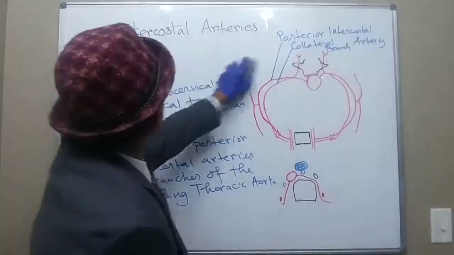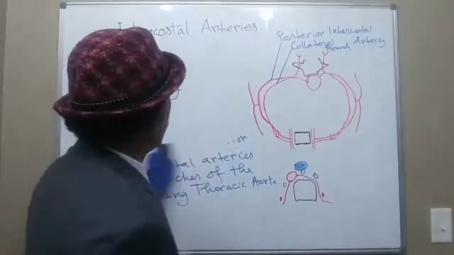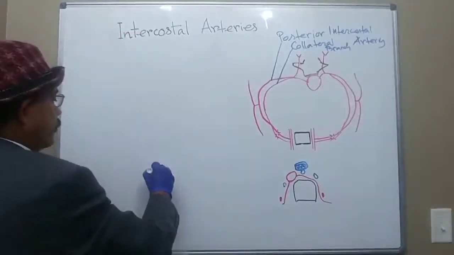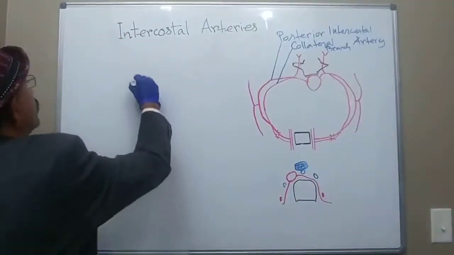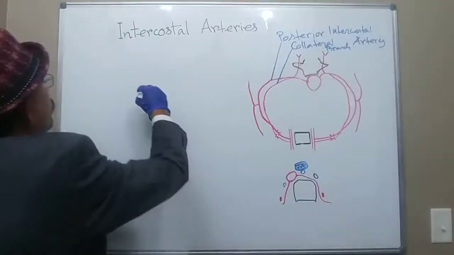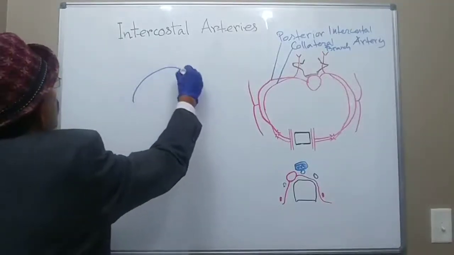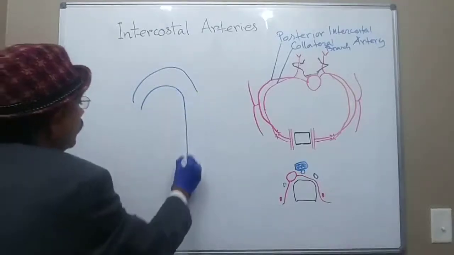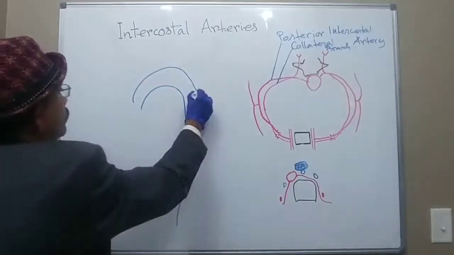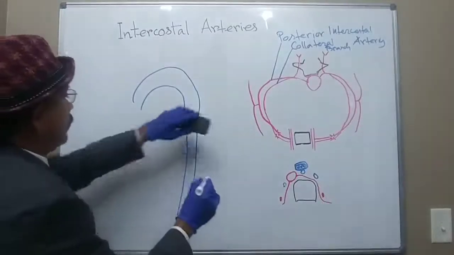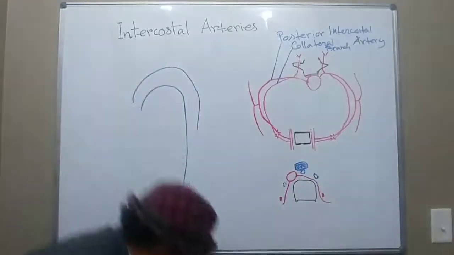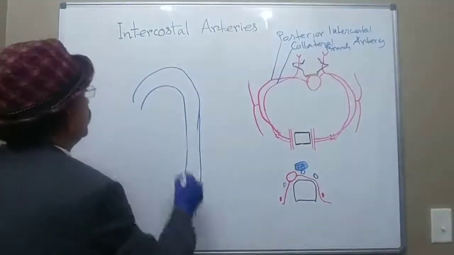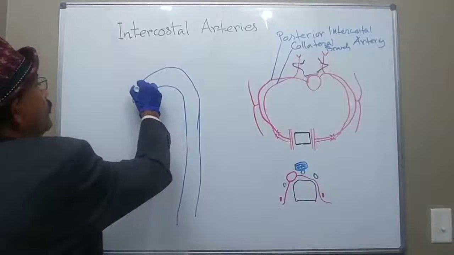So if you draw the arch of the aorta, suppose this is the arch of the aorta from the heart, and this is the descending thoracic aorta. This arch of the aorta has 3 branches.